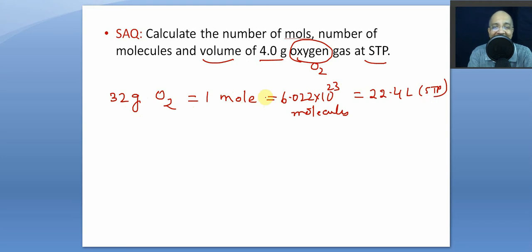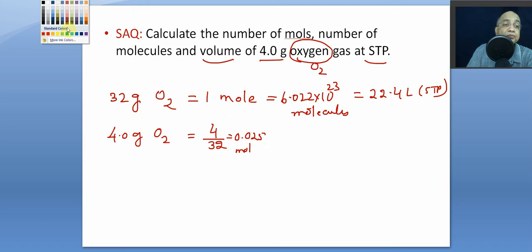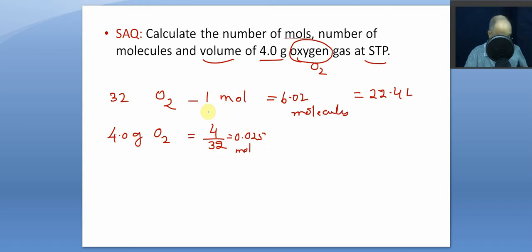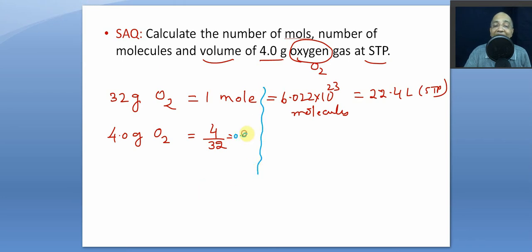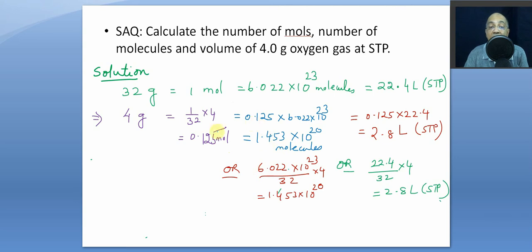So in one line, I am deliberately keeping the number of moles first. If this is the situation, then 1 gram will be how many moles, and 4 gram will be how many moles? It is equal to 4 by 32, which is 1 by 8, equal to 0.125.